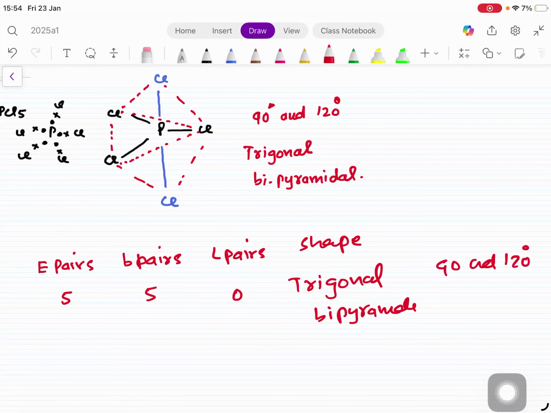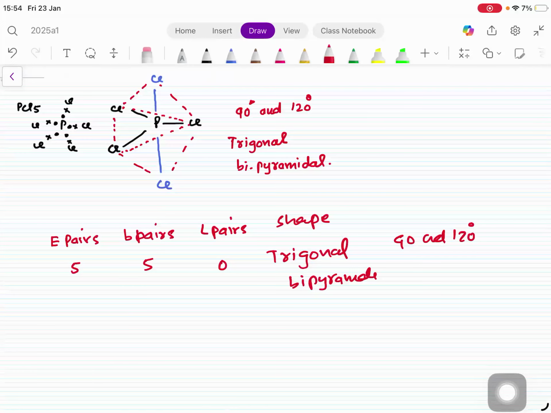On purpose, I am not drawing it in 3D. We don't need it. There are actually 3 here with an angle of 120, and 1 on the top and 1 underneath. That makes 2 angles, 90 and 120.